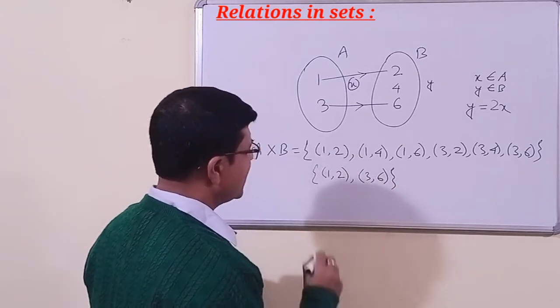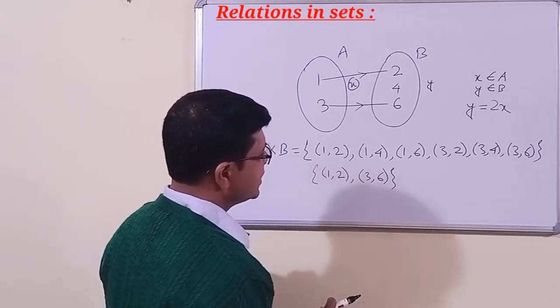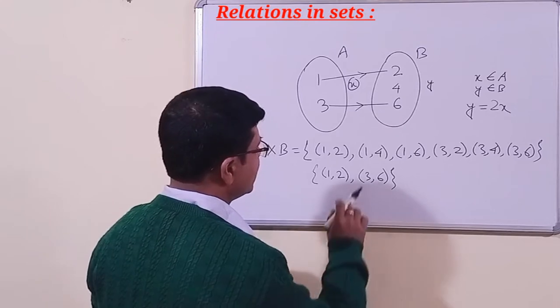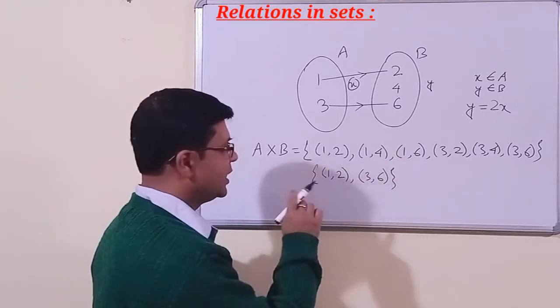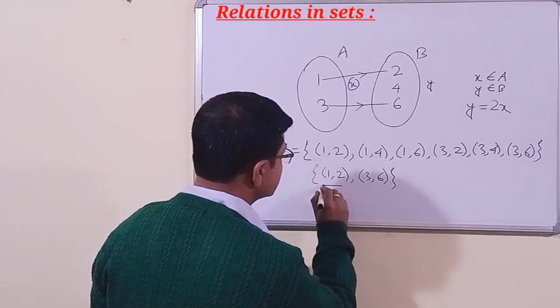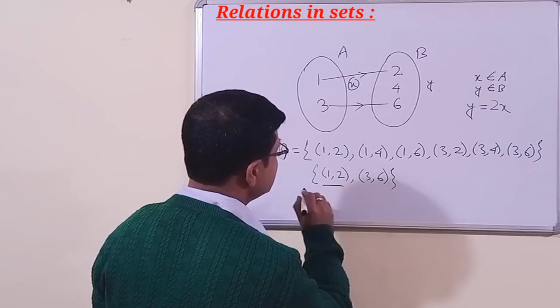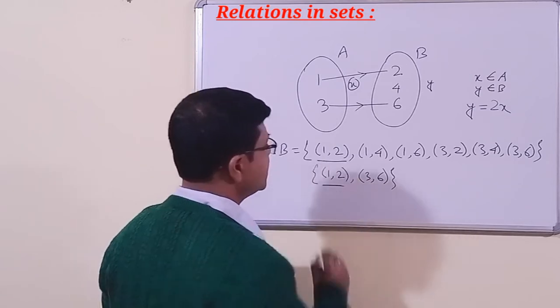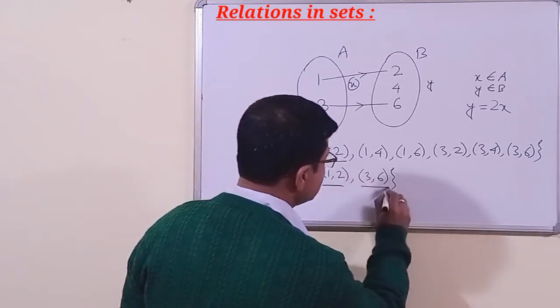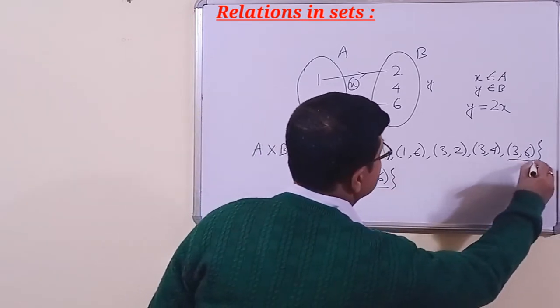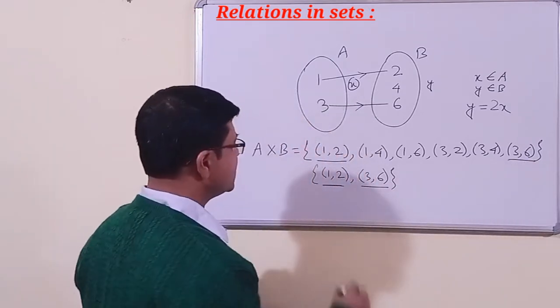Now let us see, are these elements also present in A cross B? 1, 2 is present here. 3, 6 is also present there. What does it mean?